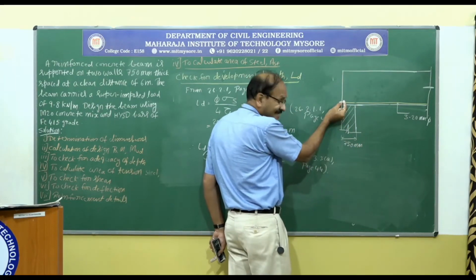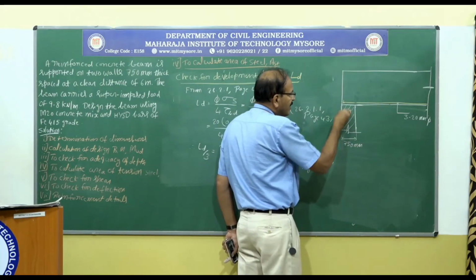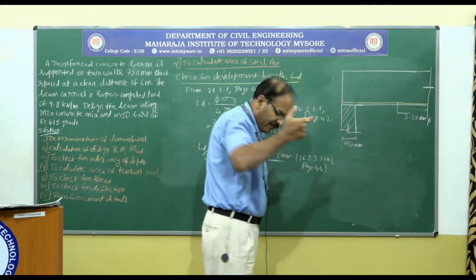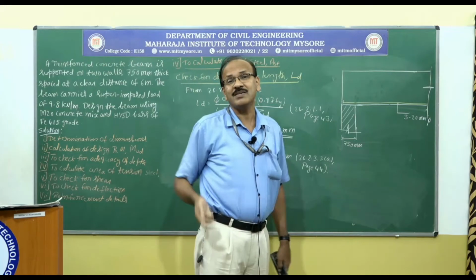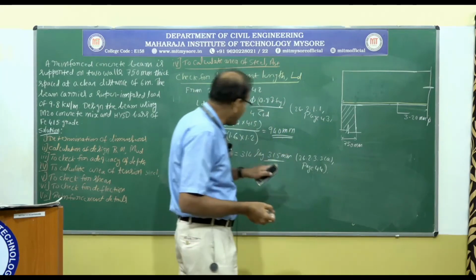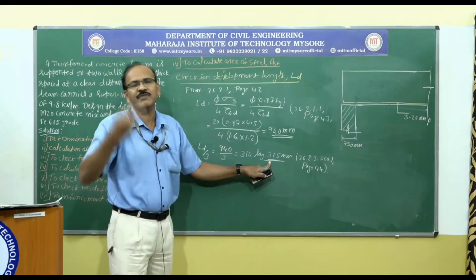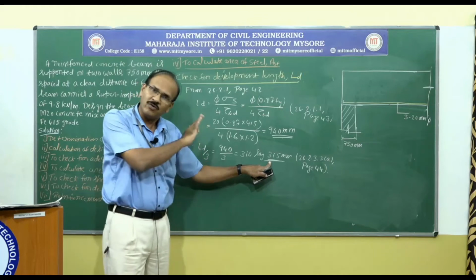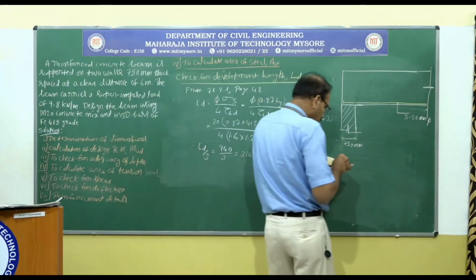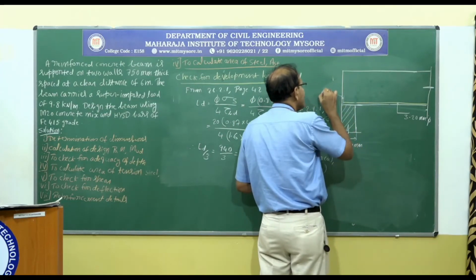If you take the side effective cover for the steel as 50 mm, we have extended the bar for a distance equal to 700 millimeter. That 700 millimeter provided is greater than the minimum required of 315 millimeter. So we are okay.